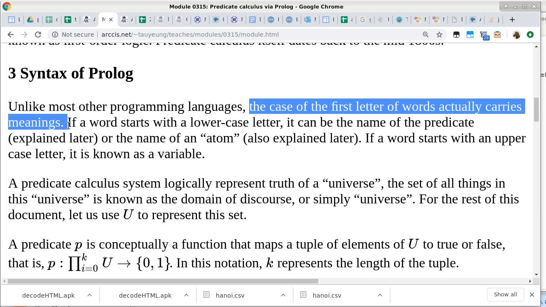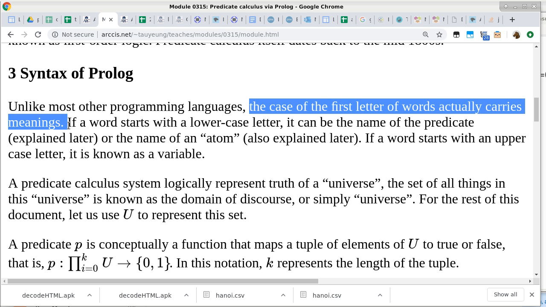In Prolog, it actually has a meaning. If a particular word starts with a lowercase letter, then it identifies what we call an atom or a function. I'll talk about what an atom is later on. It can be the name of a predicate or the name of an atom. If it starts with an uppercase letter, then it is known as a variable.